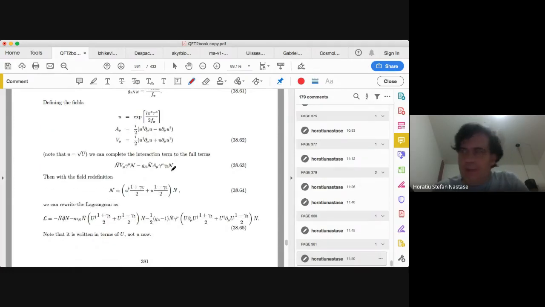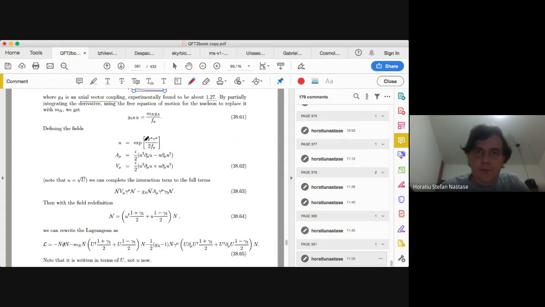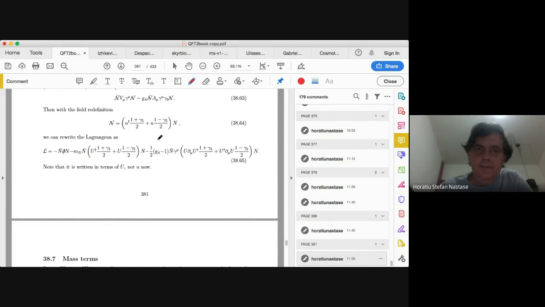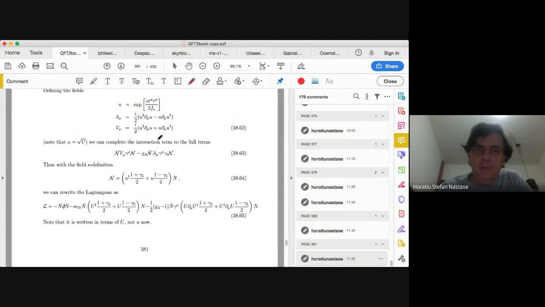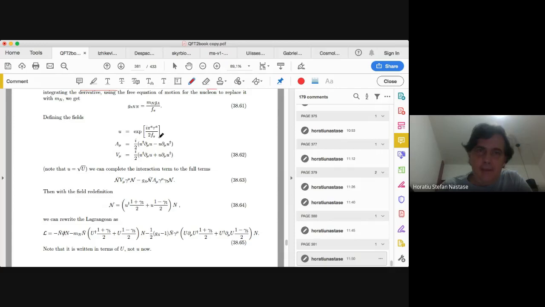Then if I define the fields u, which is exponent i pi a tau a over 2 f pi, I call this u like this, which, note, with respect to the previous definition of capital U, is the square root of capital U because of this 1/2 in here.